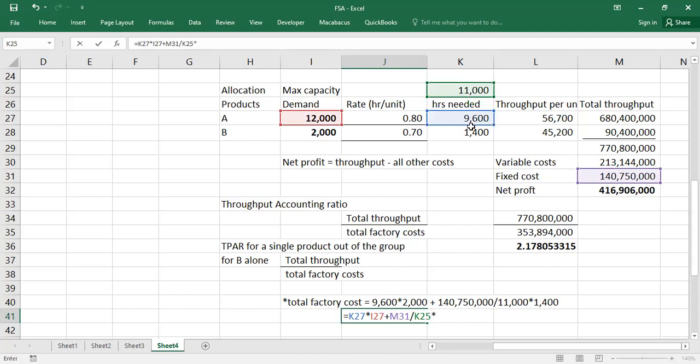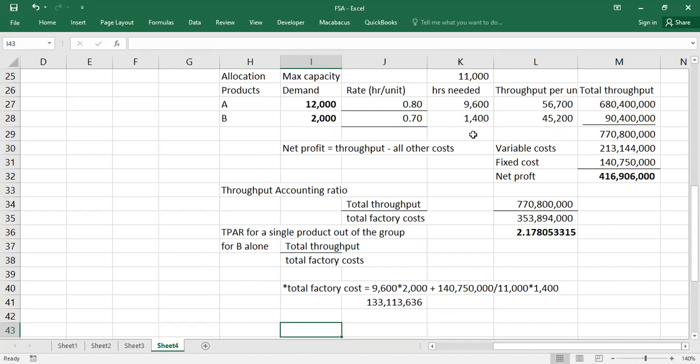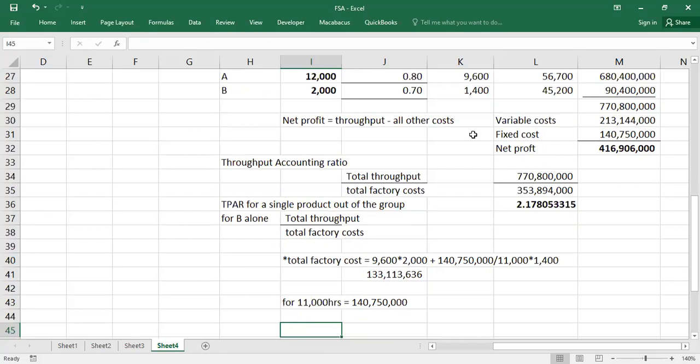Why are you dividing fixed cost by 11,000? Okay, so we're saying that for 11,000 hours, the maximum capacity, the fixed cost is 147,500,000. But not all these hours were spent on B alone.